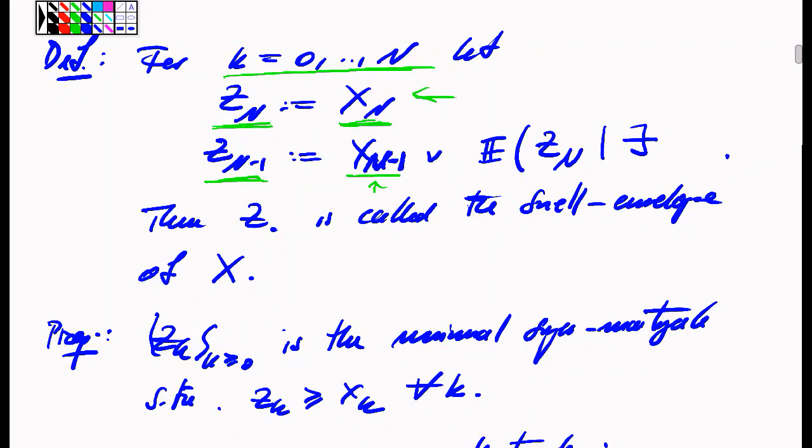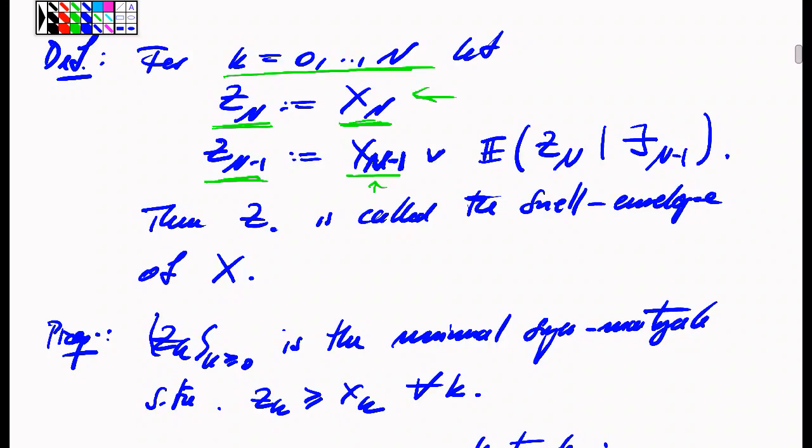But in order to make a judgment whether playing on or executing now is a beneficial decision, we have to compare somehow the perspectives of Zn given the information that we have now with the option to execute now. And this comparison is realized by taking the maximum of the two functions.